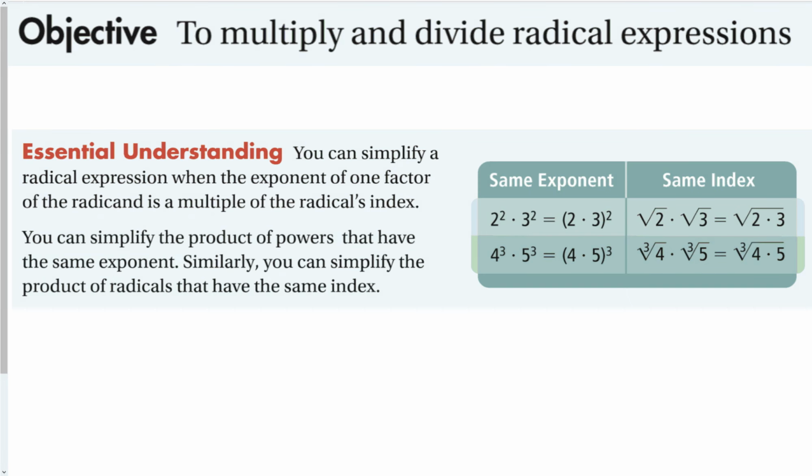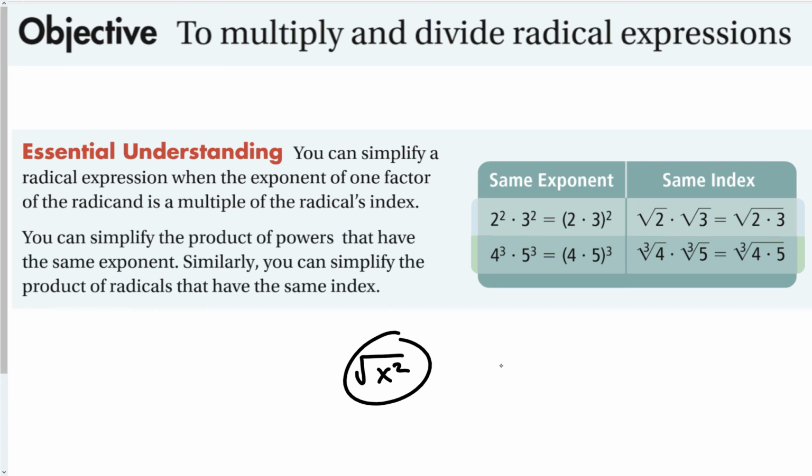What we're really going to understand by the time we're done with this section is that we can simplify a radical expression when the exponent of one factor of the radicand is a multiple of the radical's index. For instance, we have a square root with an x to the second power.